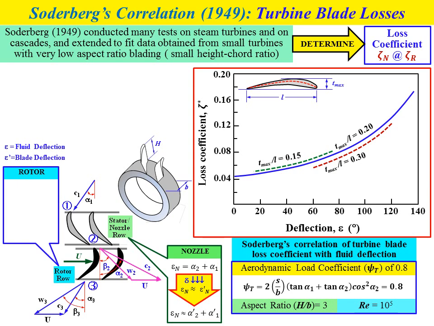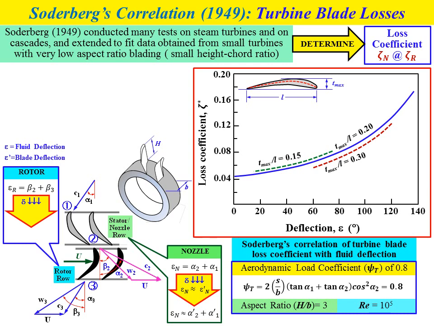However, for the rotor, the flow deflection angle will be equal to the relative flow angle at the inlet of the rotor plus the relative flow angle at the outlet of the rotor.